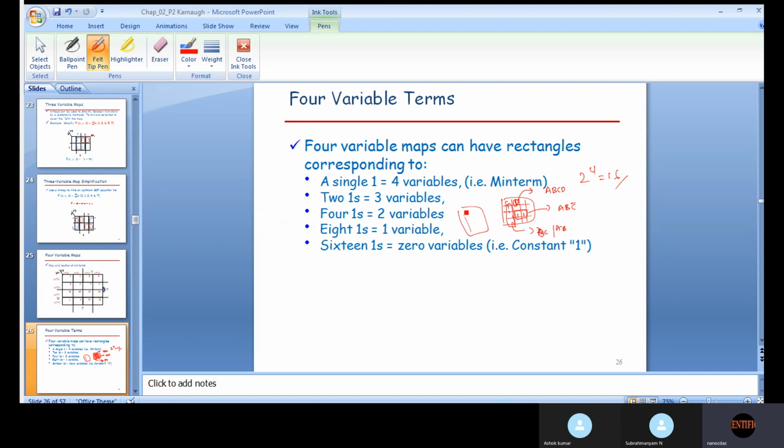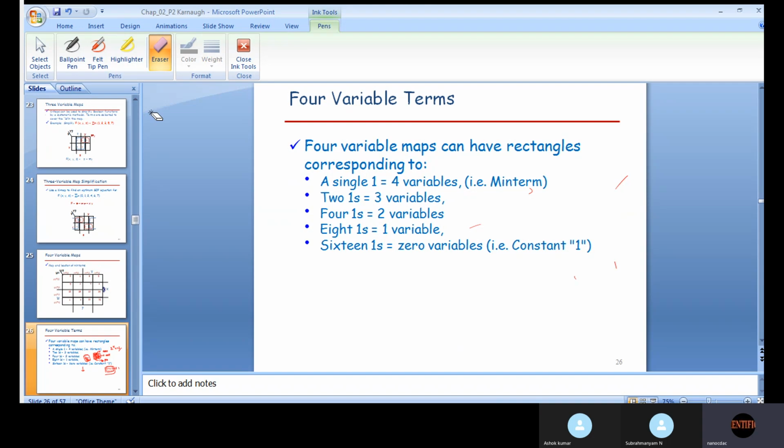If 8 ones are there out of these 16, it is representing one variable. If all 16 cells have ones, it is representing zero variables, which is nothing but constant 1. I hope you got this.